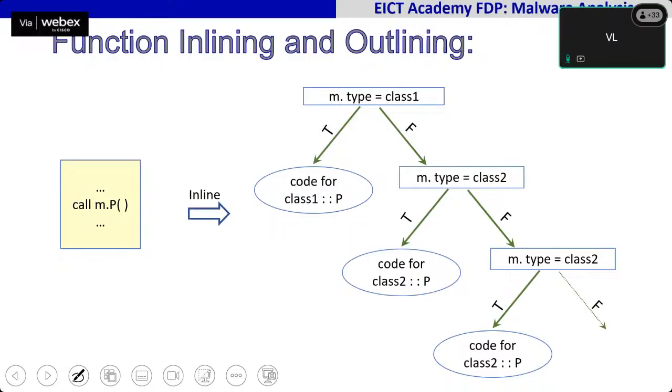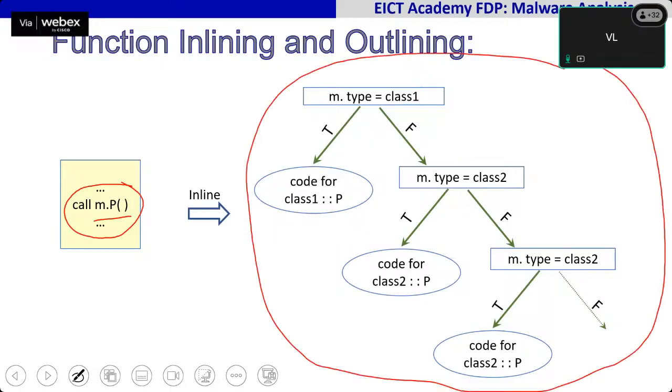There's another example of function inlining and outlining. We have a method M and we have a class M, and on this class M, we want to call a method P. Now the way we have created a control flow graph is like this.